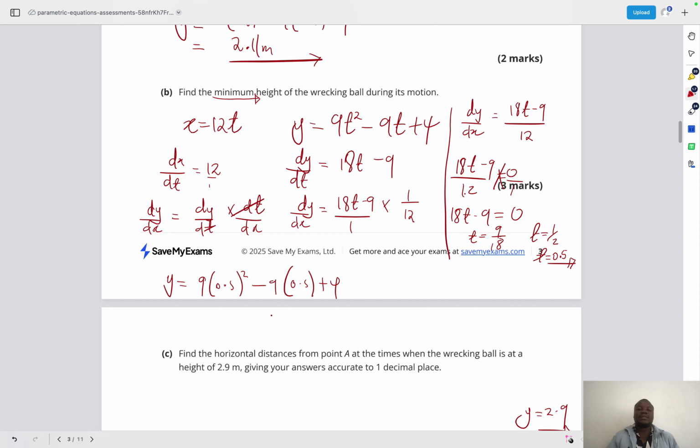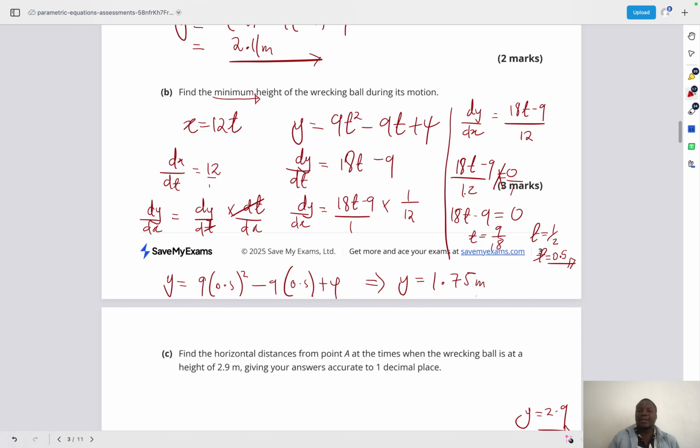So what we just need now is to use our calculator again and see what we are going to get. The answer that I'm getting is that y would be 1.75 meters.